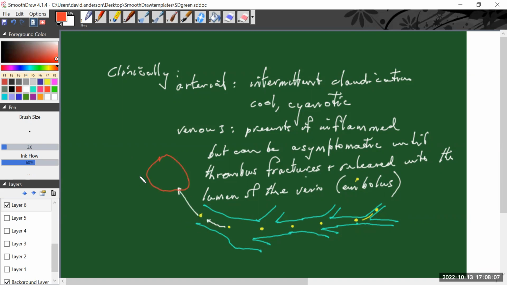And when it gets to the heart through the vena cava, where's it going to go next? It's going to enter the heart. We're going to exaggerate this entry point like that. It enters the right side of the heart, and where does it go to? To the lungs. And look what happens to the blood vessels in the lungs.